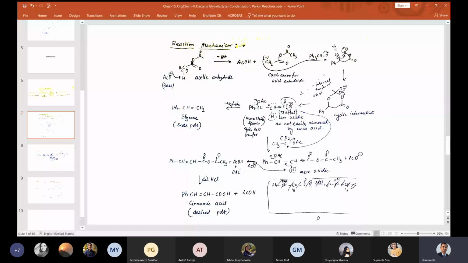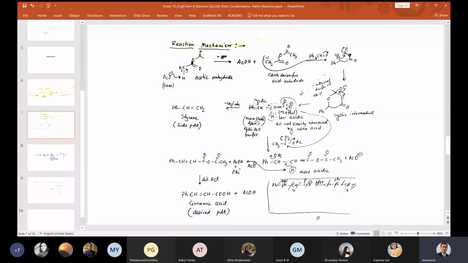This O minus attacks this carbonyl center and this bond opens. This O negative attacked here and formed a 6-membered cyclic intermediate where you have O negative. When this comes back, this bond opens up, and you get this particular compound.